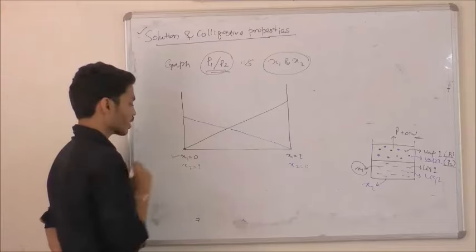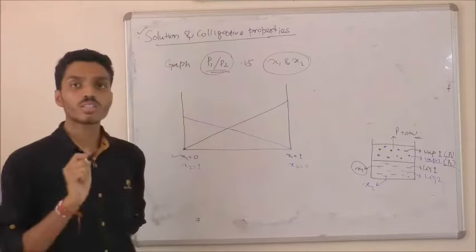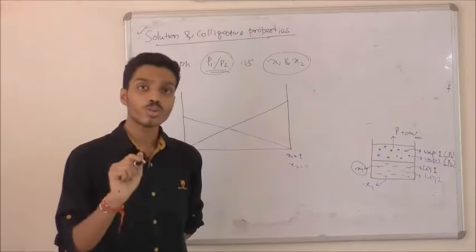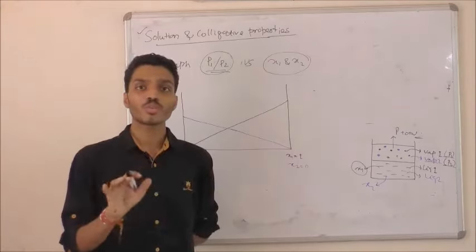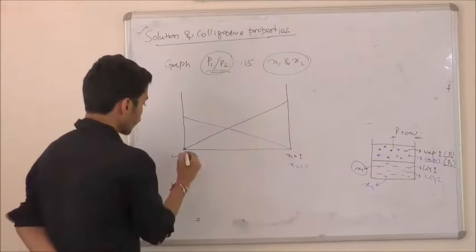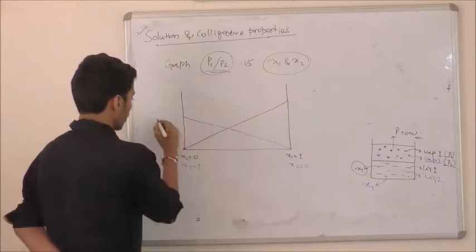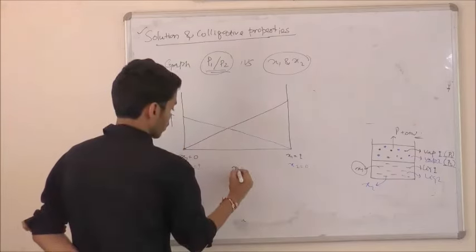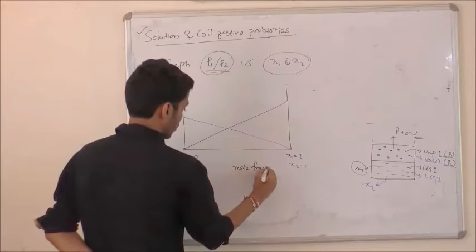So when the mole fraction of component 1 is 0 in the solution, the vapor pressure due to it will also equal 0, because if there is no component 1, how will a pressure be created due to it? Let this be vapor pressure and this be mole fraction.